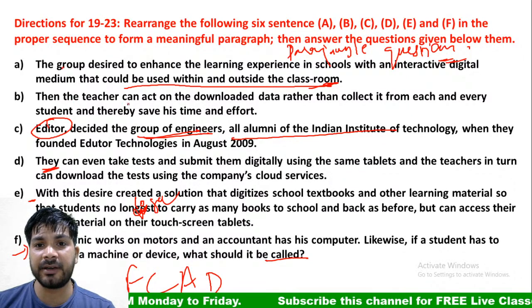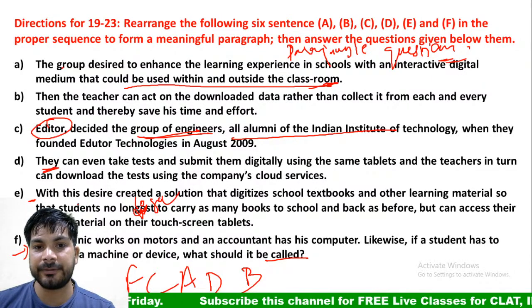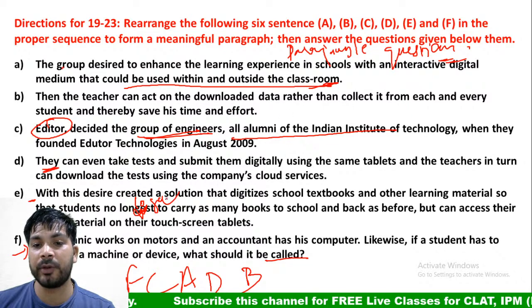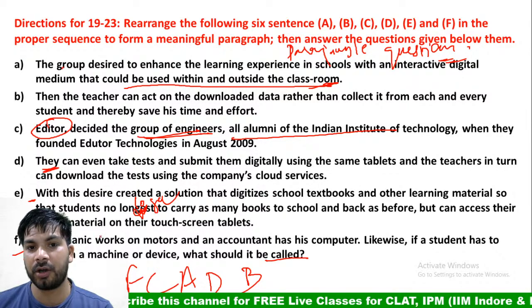Then the teacher can act on the students. So now when we have talked about students, now we are talking about the teacher. And with this desire of doing all these things, they came with this particular idea, and this is overall the conclusion of the paragraph.